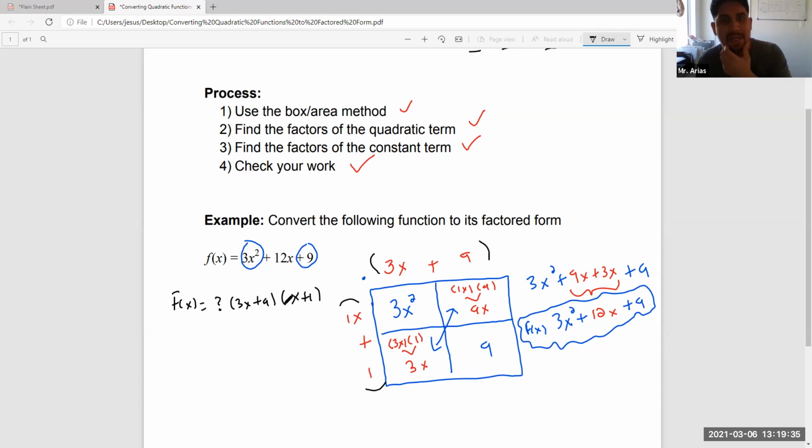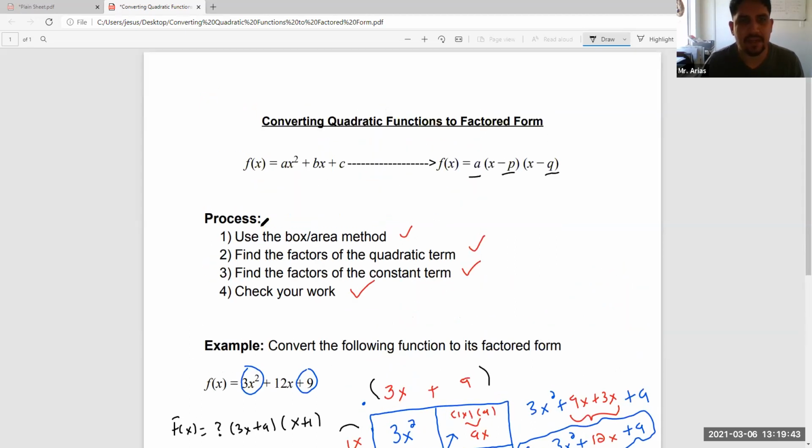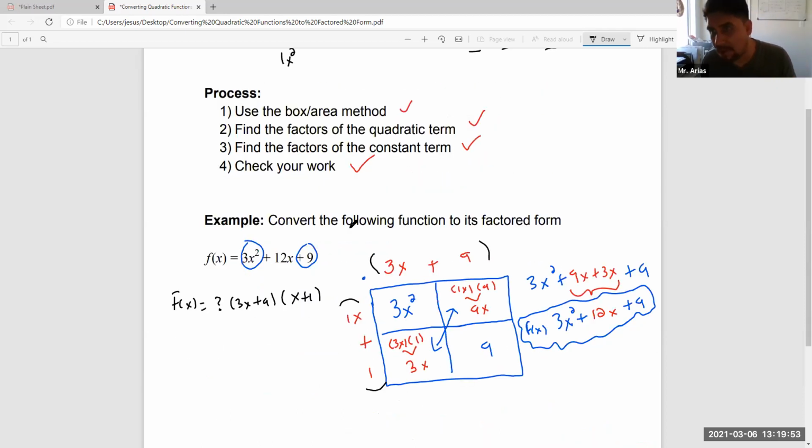So what's going to happen is if we had, let's say, any value of a that was just equal to 1, let's say we have just 1x to the power of 2. If you had a function like this, and you're doing the factoring process using the box method, you would be pretty much done by now, after performing step 1, 2, 3, and 4.